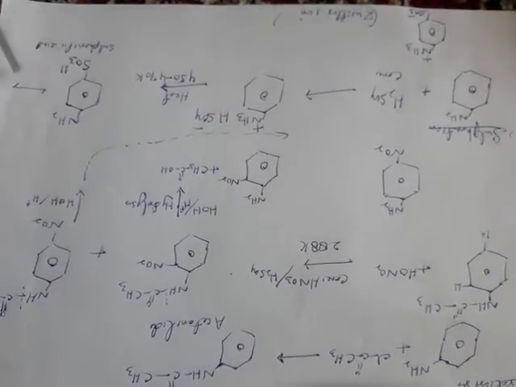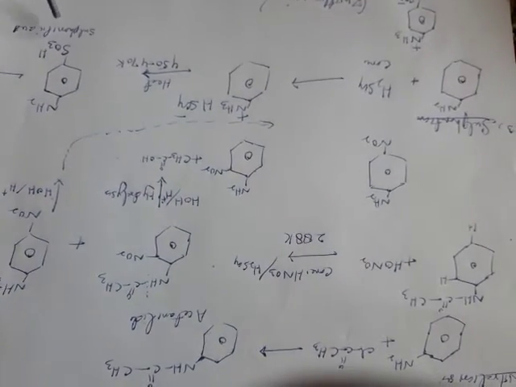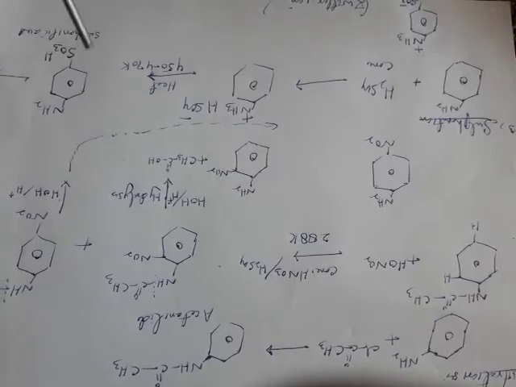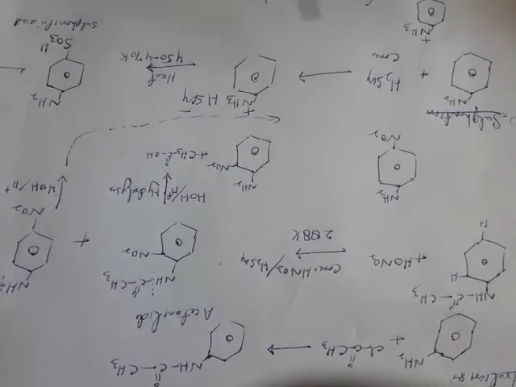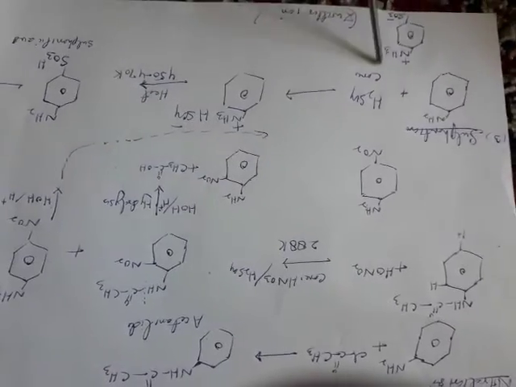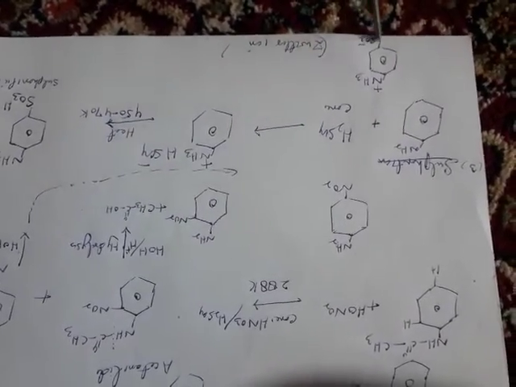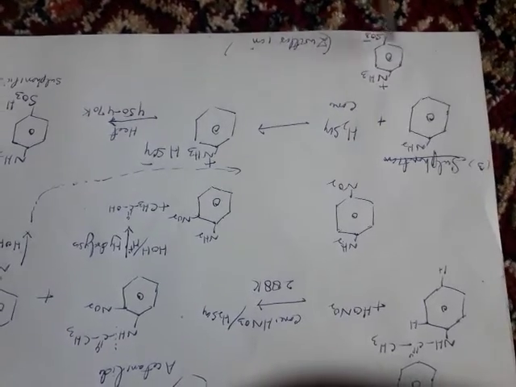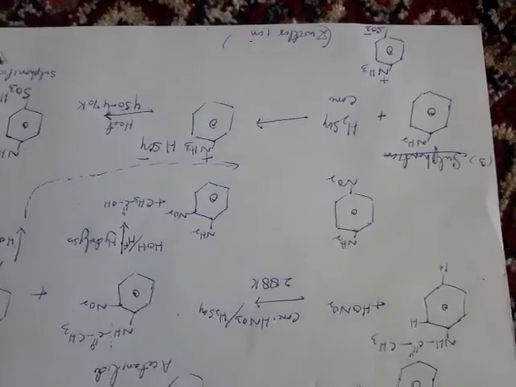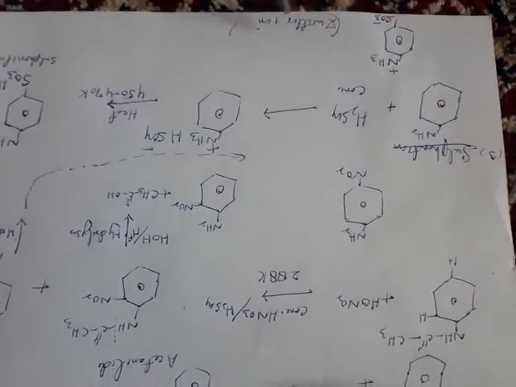This sulfanilic acid has both an acidic as well as a basic group, and it exists as a zwitter ion, a dipolar ion. We see here the acidic group, the NH3 group, and this is the basic group. So sulfanilic acid exists as a zwitter ion or a dipolar ion.